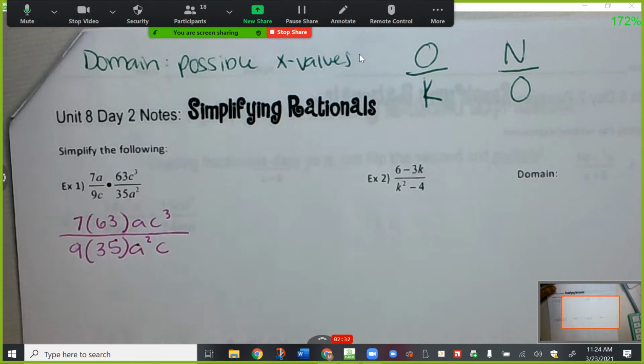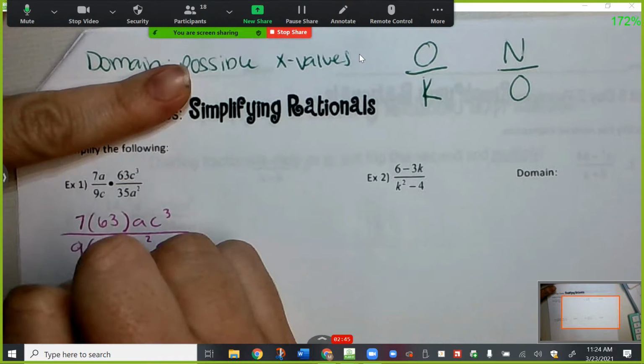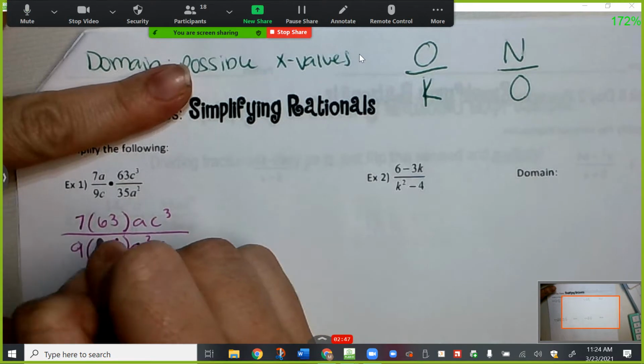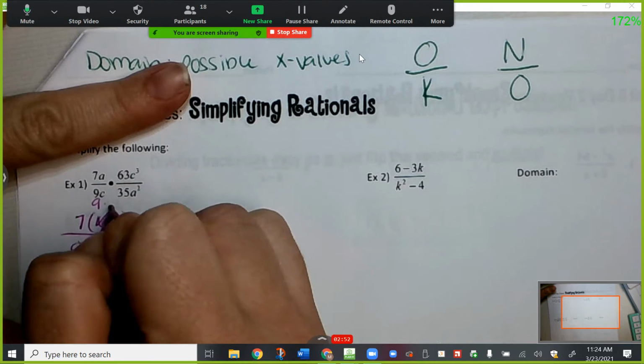The reason I didn't actually multiply my numbers is because it's easier to simplify without doing that. Doesn't 7 go into 35? Isn't 35 just 7 times 5? And isn't 63 just 9 times 7?